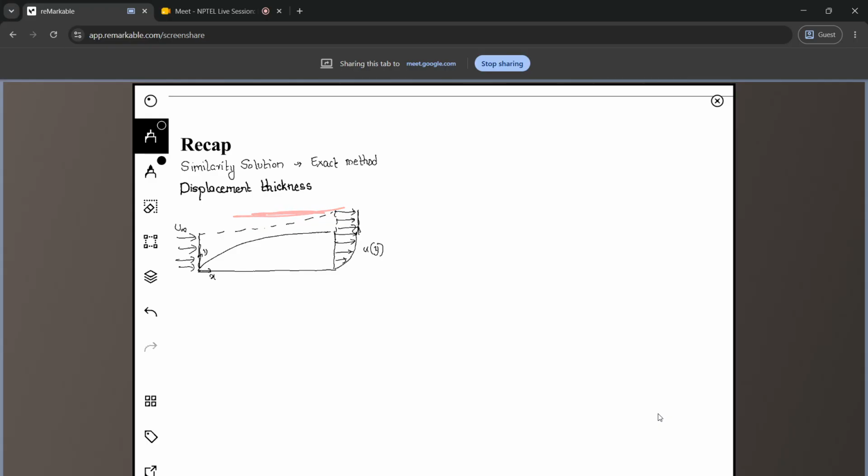Now if I were to write the mass balance, let's call this delta star, which we will later call displacement thickness, and this our boundary layer thickness delta. Then our control volume analysis will say that the net mass flux in should equal the net mass flux out.